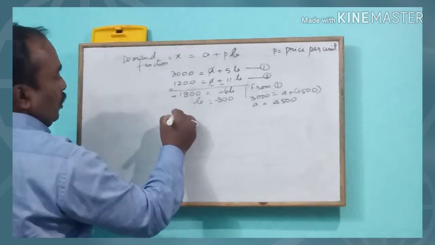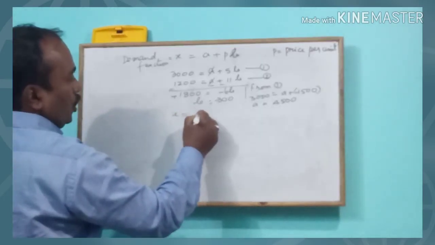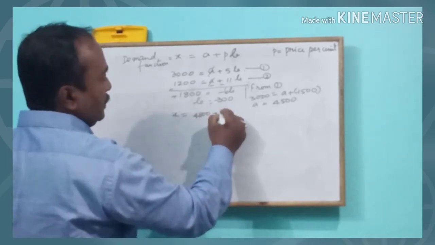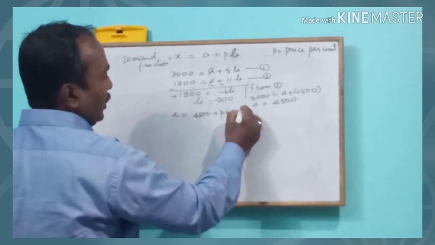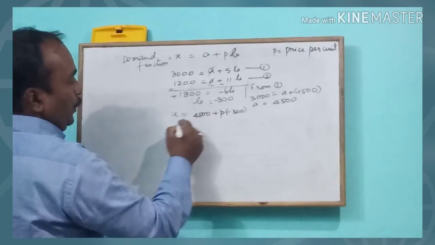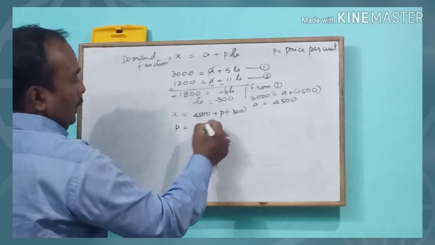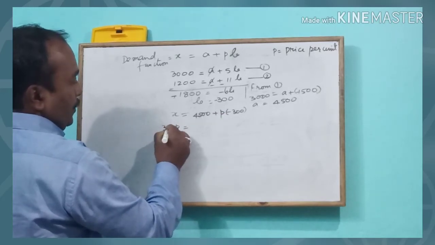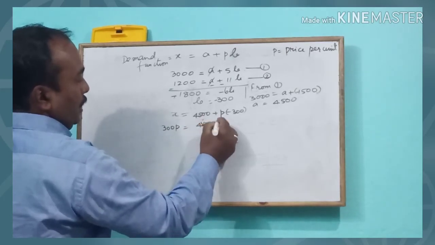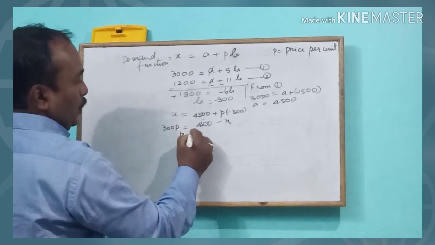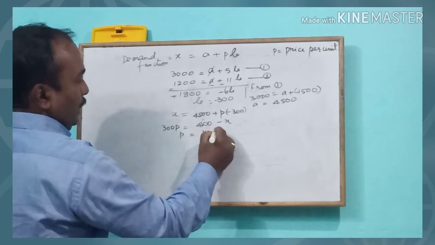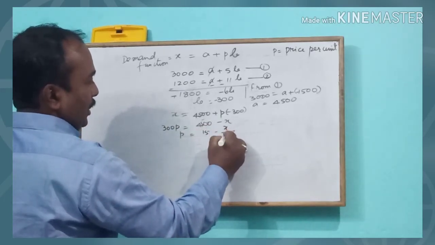So x, or the demand function, is given by 4500 plus pb, that is p into minus 300. Or from here, the price per unit can be written as 300p is equal to 4500 minus x, or p equal to 4500 by 300, that is 15 minus x by 300.